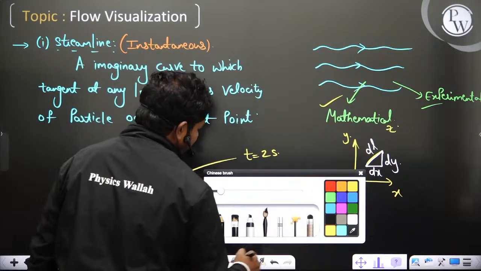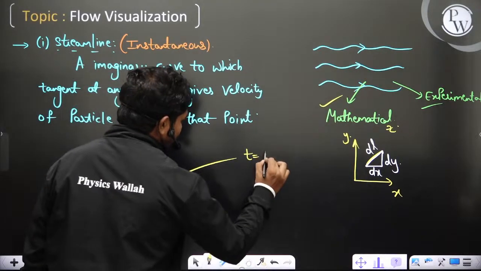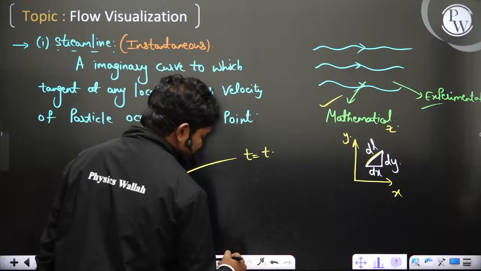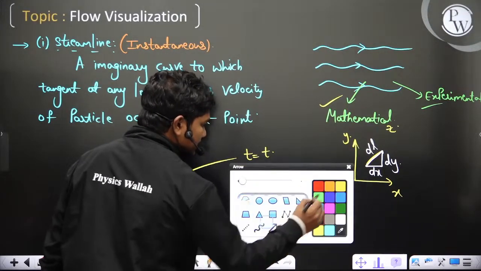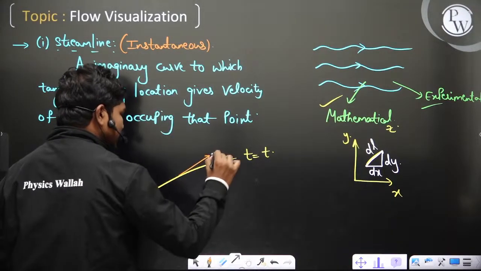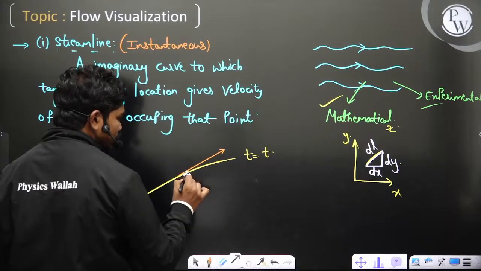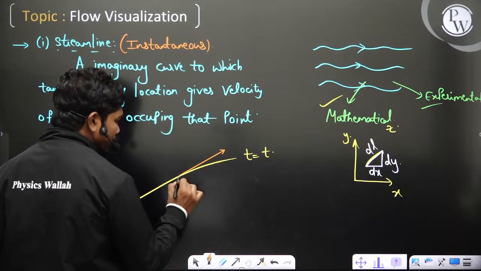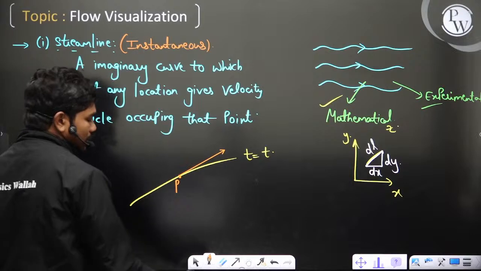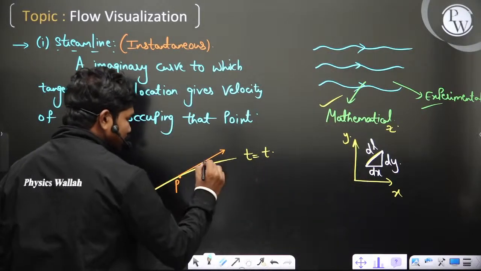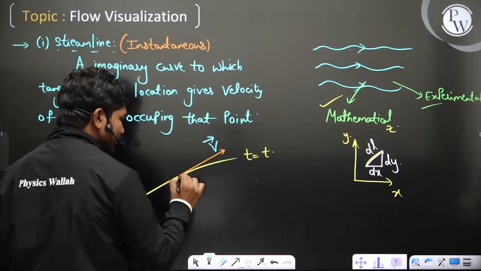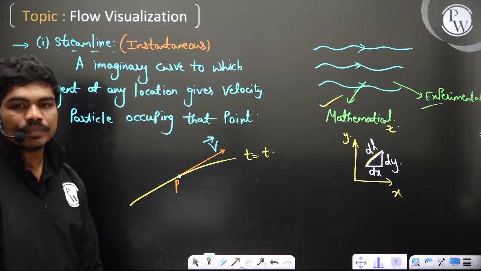In a generalized sense, at time t, if I draw a tangent at this point p, then the tangent to this curve will give the velocity vector of this particular point.